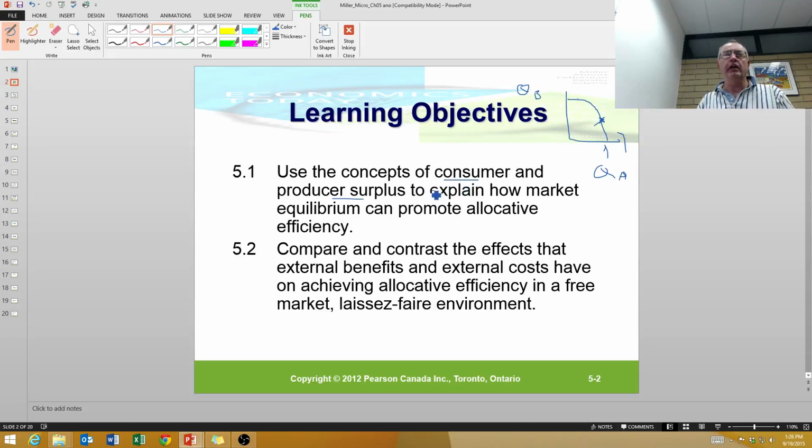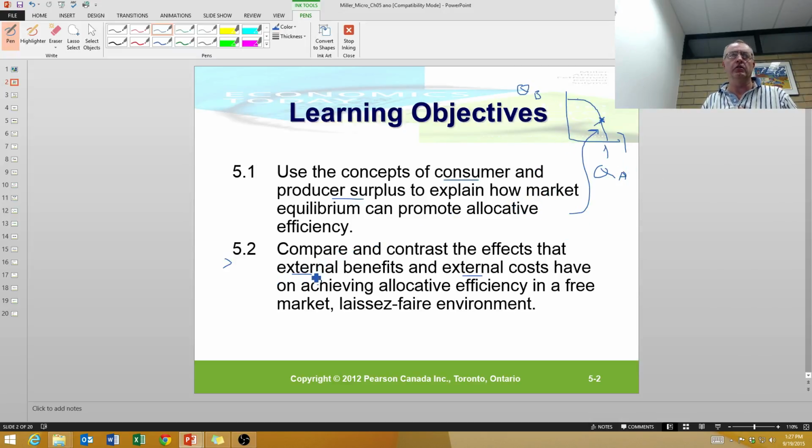Okay, so we look at how the concepts of consumer and producer surplus relate to this point of allocative efficiency on the production possibilities curve. And then the second little topic deals with how so-called external benefits and external costs lead to a point of non-allocative efficiency on the production possibilities curve.